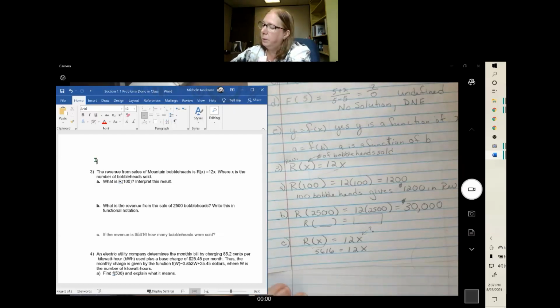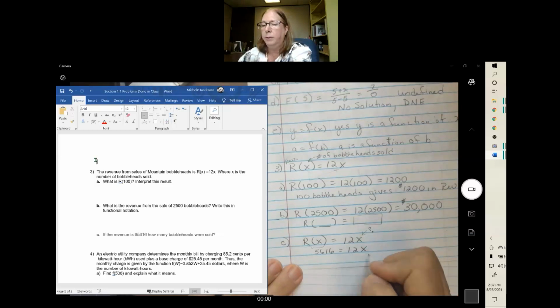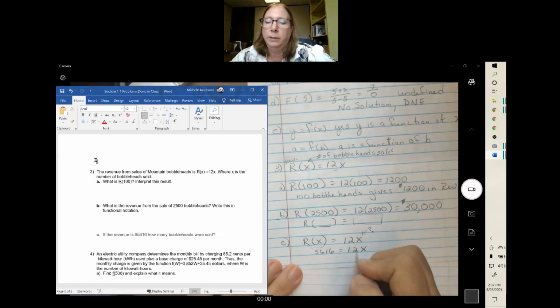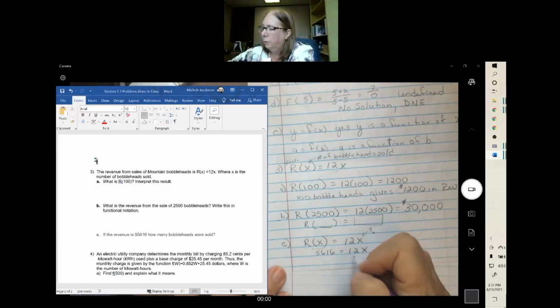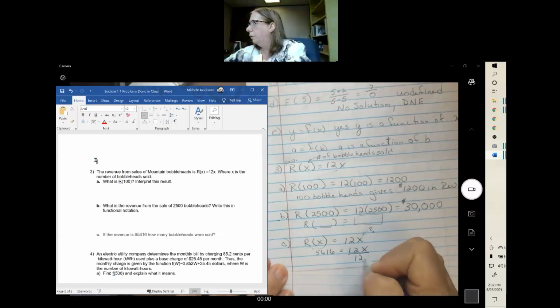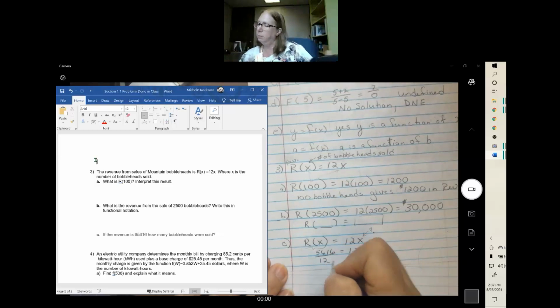Okay. So then we're solving for X. Since this is being multiplied, how can we get rid of the 12? Anyone? Divide, exactly. We want to divide by 12. Always do the opposite. So if you're multiplying, divide. If you're adding, subtract. And what you do to one side, you need to do to the other.